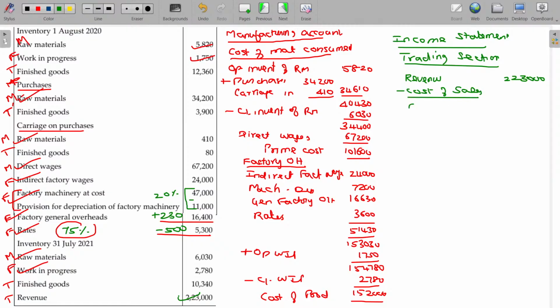Under cost of sales, opening inventory of finished goods 12,360. Add purchases of finished goods, 3,900. Add cost of production. The goods manufactured in the factory should also be transferred. Cost of production 1,52,000.